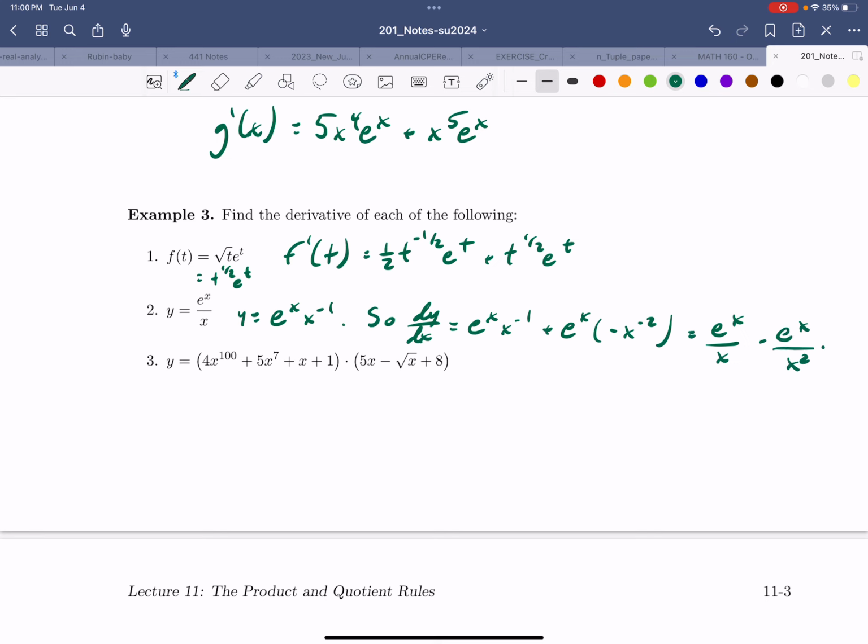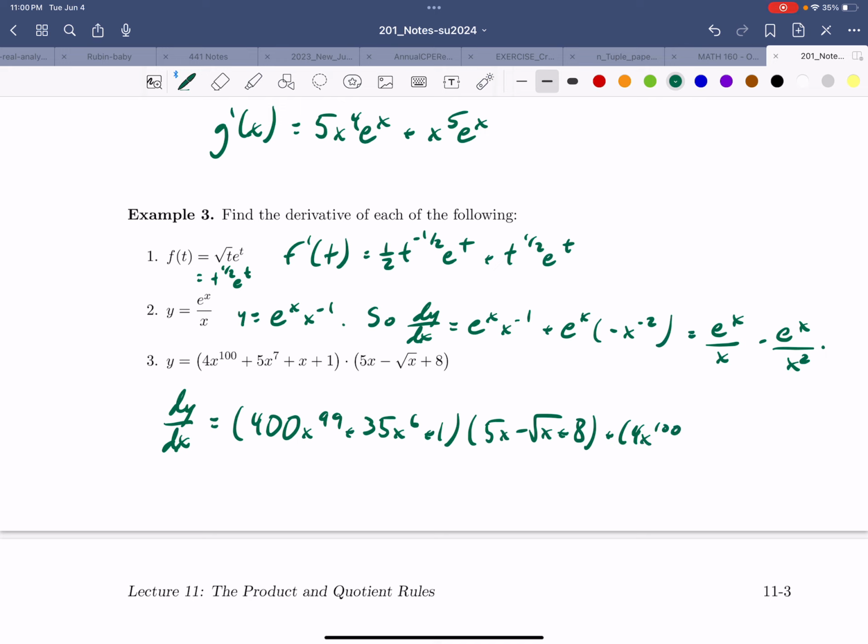Okay. Last but not least, I'm definitely not simplifying this, but this is something that would be a nightmare to try to differentiate if we didn't know the product rule, right? Imagine multiplying all that out, all 12 of those terms. It's a lot easier just to say, okay, we're just going to take the derivative of this first term, leave the second term alone, plus leave that first term alone, and then take the derivative of the second term.